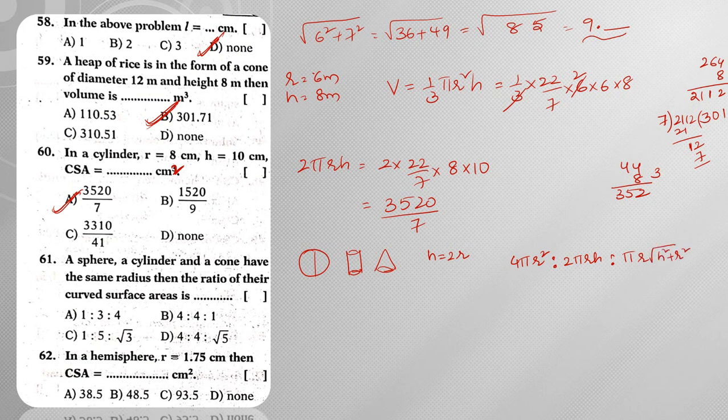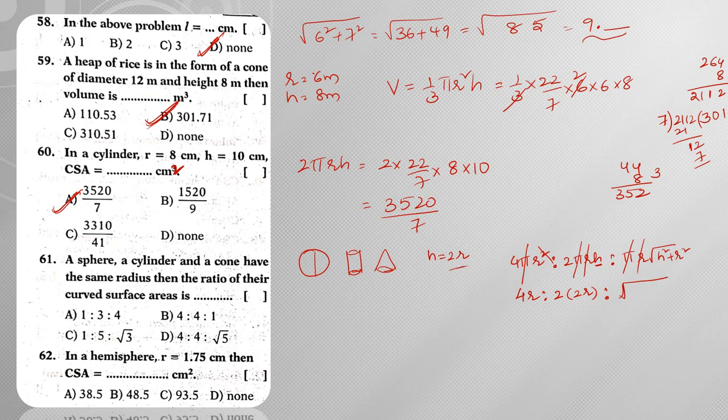Okay, so here I can cancel out pi and pi. From this one r, from this one r and from this one r, I can cancel out. So finally I am left with 4r is to, here 2 into height can be written as 2 times of r, is to, here I am going to have square root of h square plus r square.